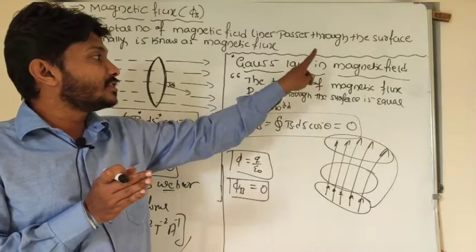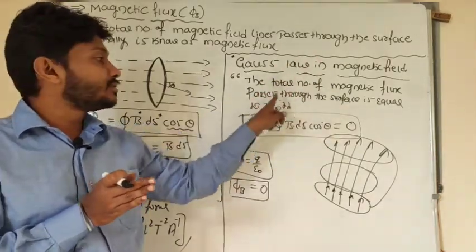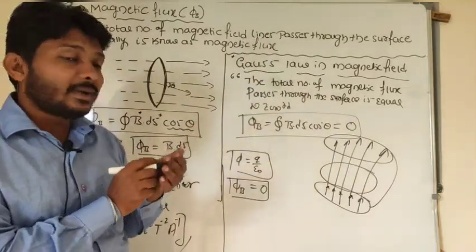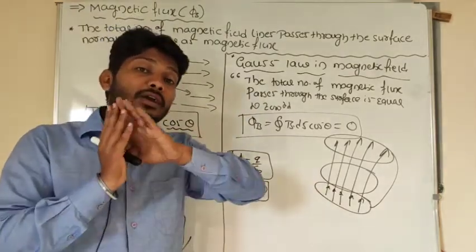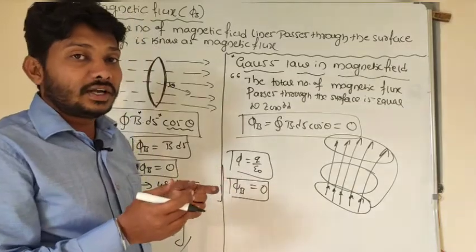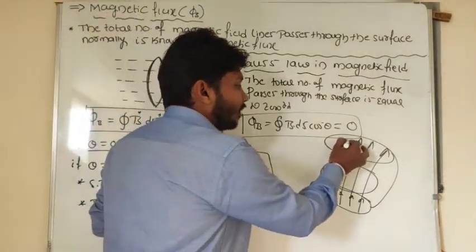So in case of Gauss law, the total magnetic flux through a closed surface is equal to 0. What is the meaning of Gauss law in case of magnetic field here? It implies that magnetic monopole does not exist. For example, magnetic field lines start from the north pole.